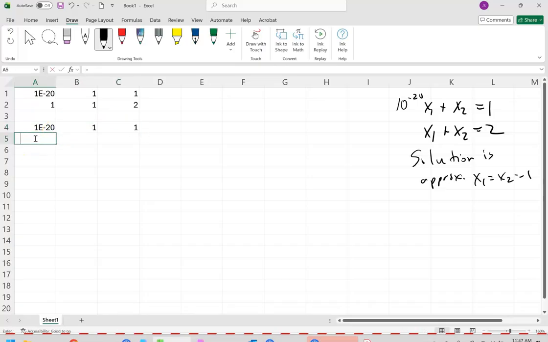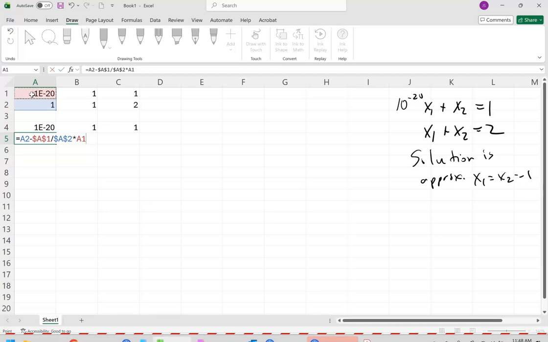I want to take that entry, I want to subtract this and divide it by that, and then times that. All right, so let's talk about how I type that in real quick for the references.